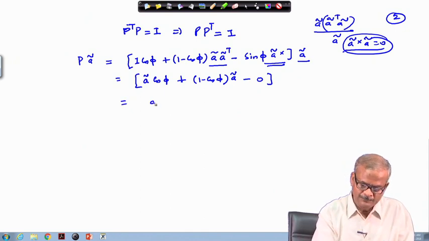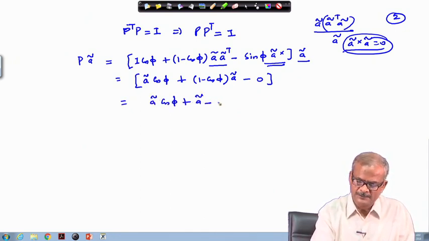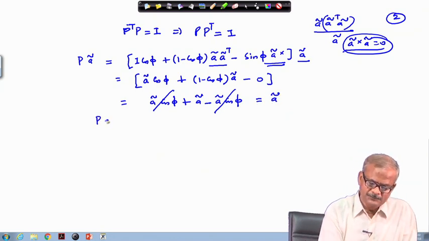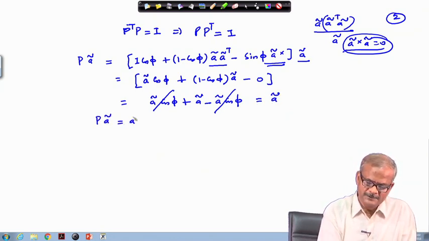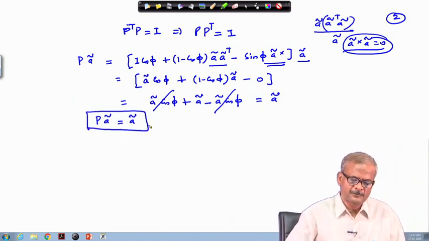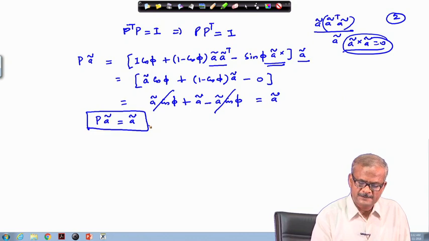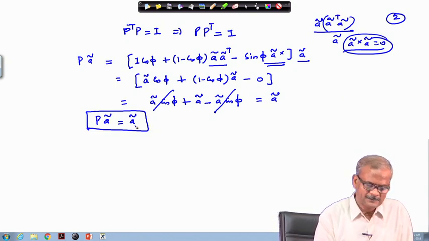So we have A tilde cos phi plus A tilde minus A tilde cos phi, and this term drops out, giving us A tilde. So P times A tilde equals A tilde. This is indeed rotation about the A axis, because the A axis remains unaltered.